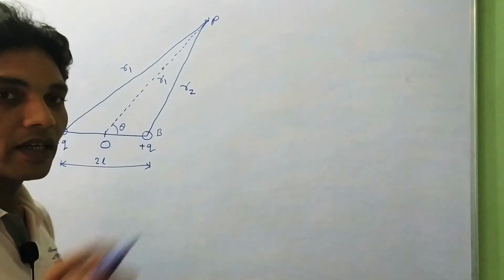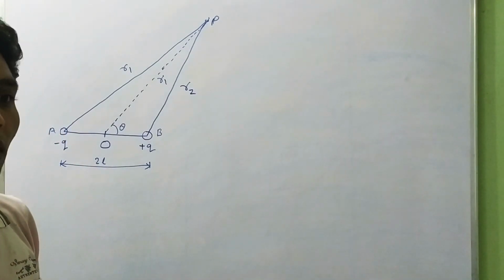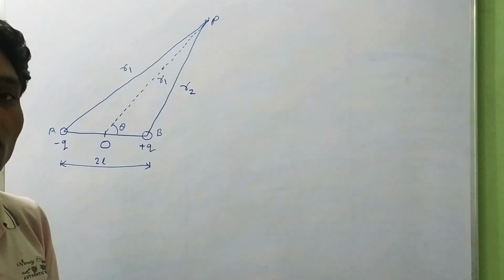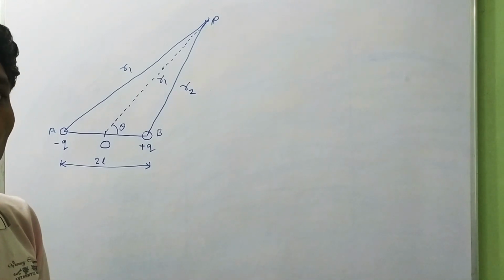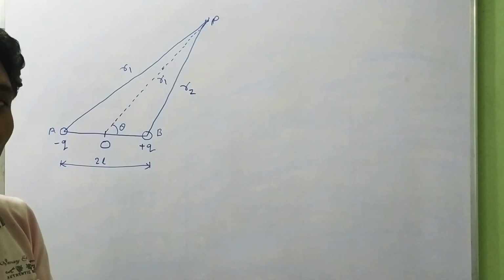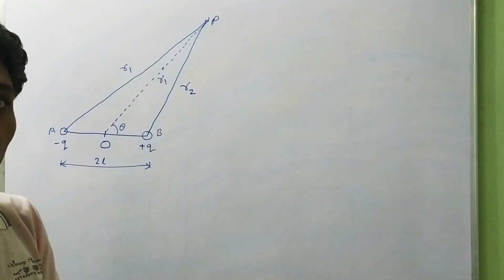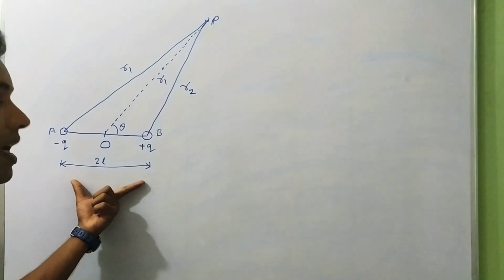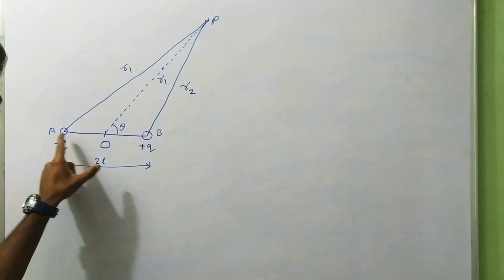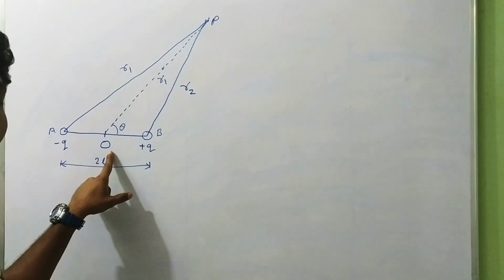Now we know that the electric dipole is very small, like HCl, H2SO4, H2O. These are the molecules, so the size of the molecule is very small. That's why this distance is very small. So the distance AO will also be very small.